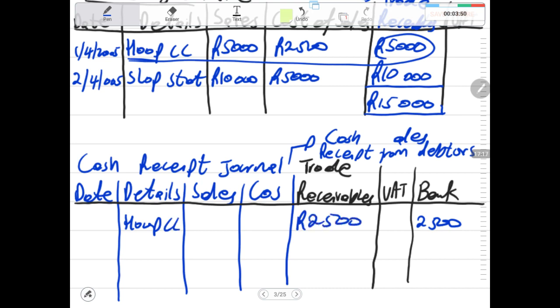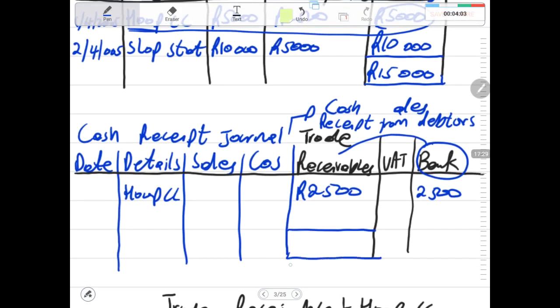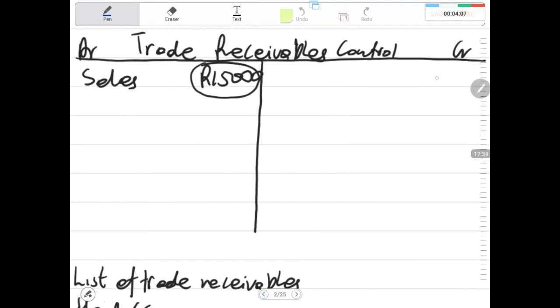So now we need to acknowledge that the money received in our bank account was because of the trade receivable. That means the total of the trade receivables column that appears in the cash receipt journal is the one that must decrease our accounts receivables control on the credit side, because whenever the customer is paying his account, we expect to decrease his account on the credit side.